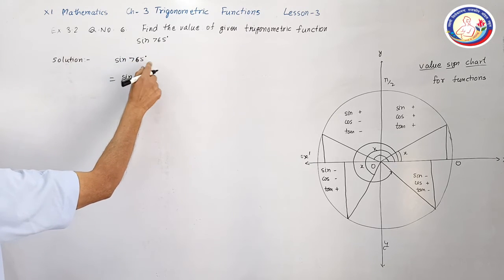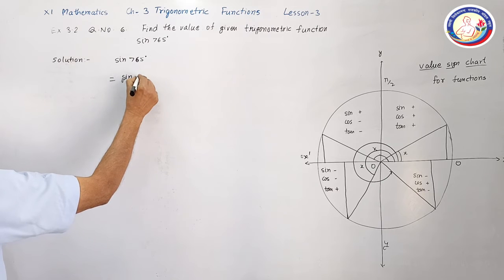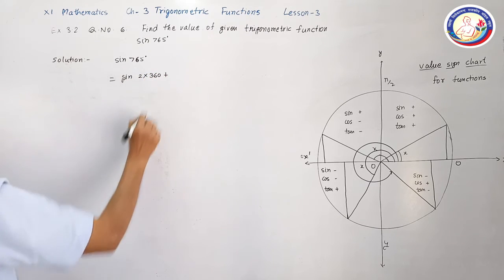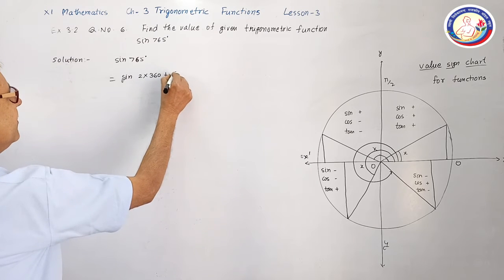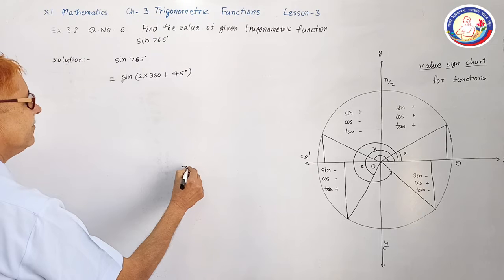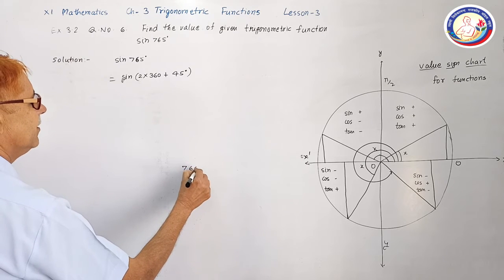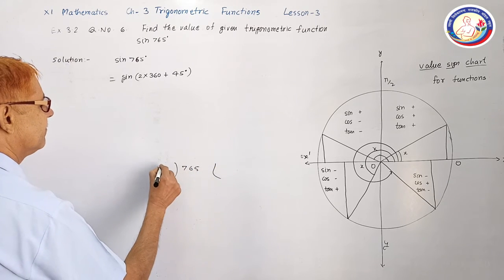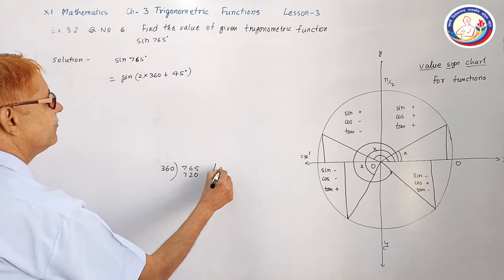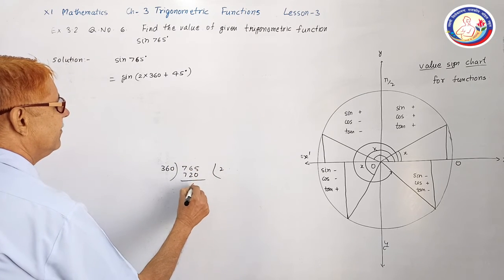If we divide it, we can write it as 2 into 360 plus 45 degrees. How? Divide 765 by 360. We can divide it 2 times, and the remainder will be 45.